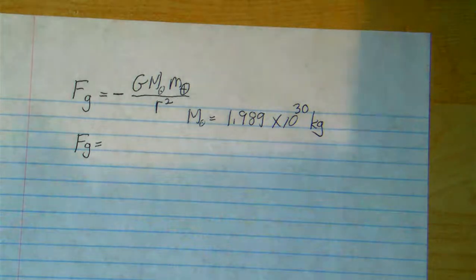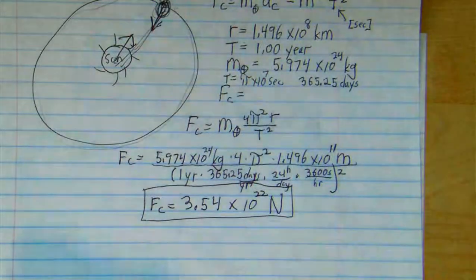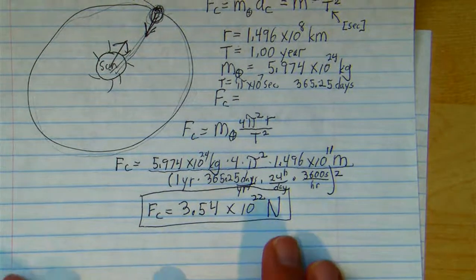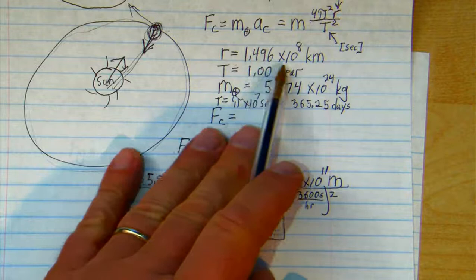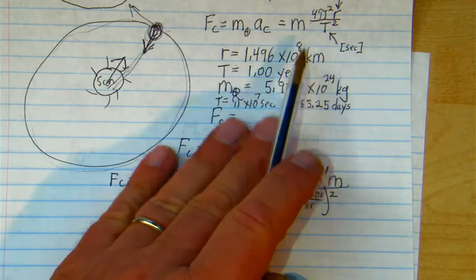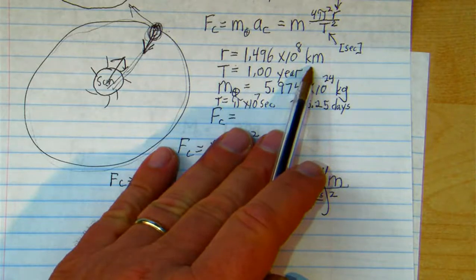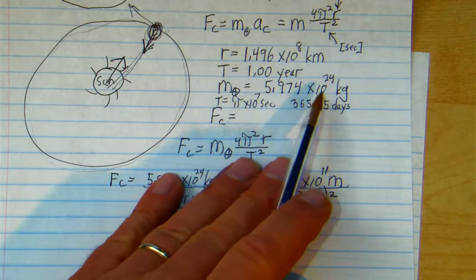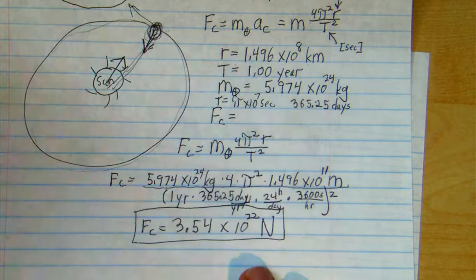No doubt you're using the same values from the previous problem because it's the same solar system. So the distance from the Earth to the Sun is 1.496 times 10 to the 8th power kilometers, and the mass of the Earth is still 5.974 times 10 to the 24th power kilograms.